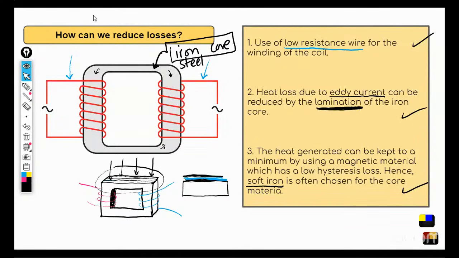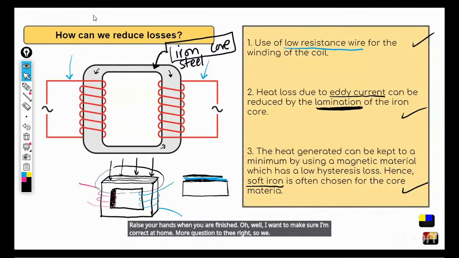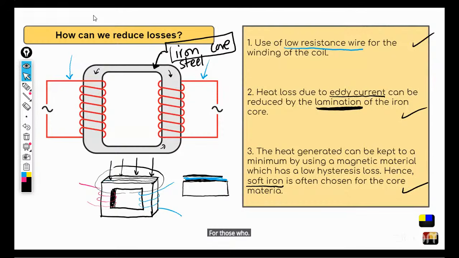Right, raise your hands when you are finished. Oh, well, I want to make sure I'm correct. That homework question today, right? So we'll go back up in a little while and find the homework question, for those who are eager to see if you are right or wrong. But we're going to try together, right?